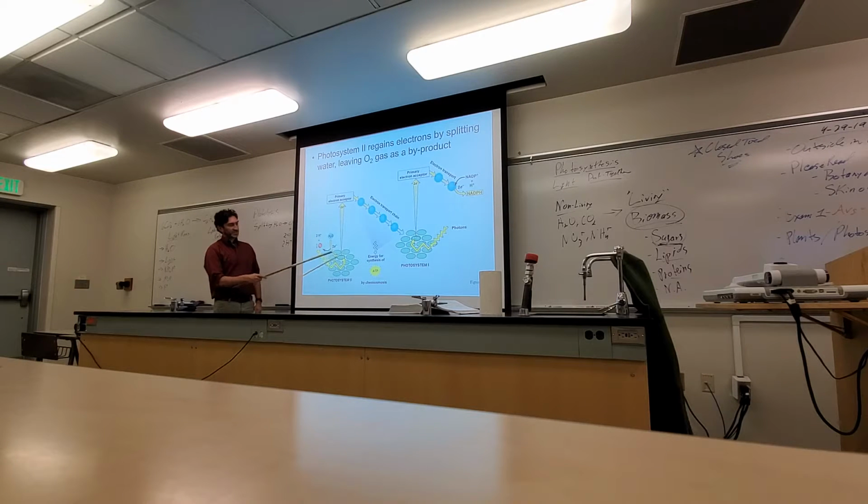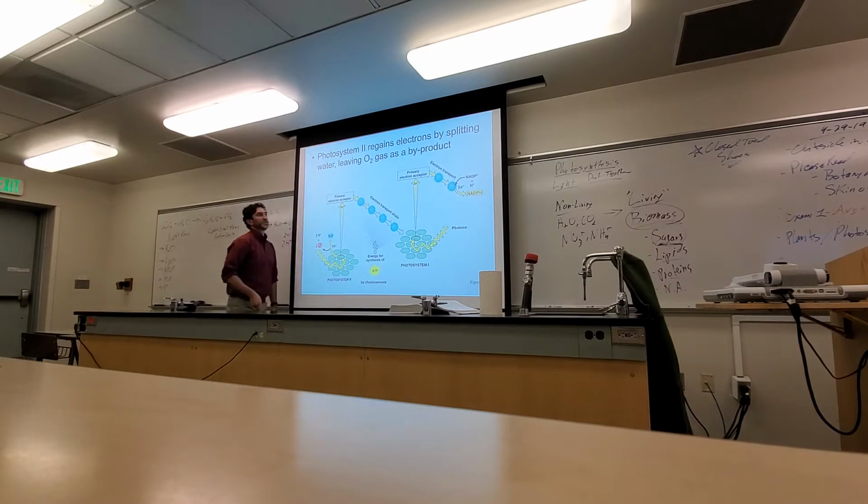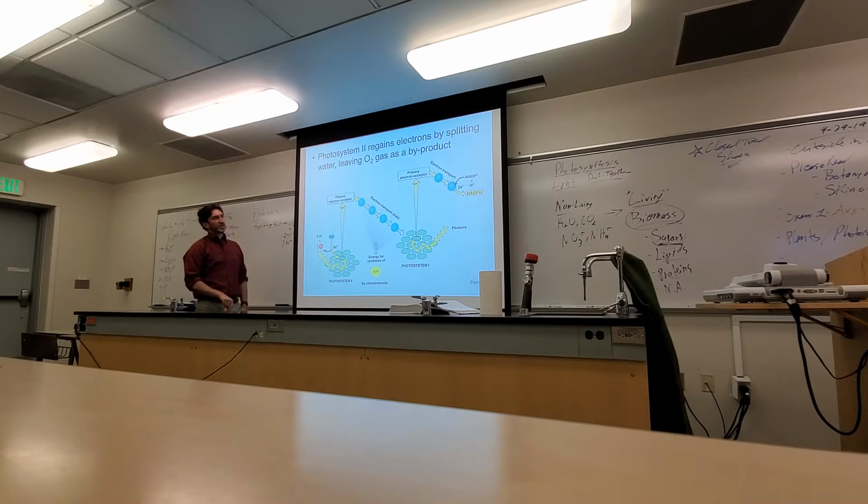These electrons get used in the electron transport chain, the ETC, through the membrane, which sets up the gradient, and that's used to harvest ATP, similar to respiration. These protons get used over here to turn NADP plus into NADPH.